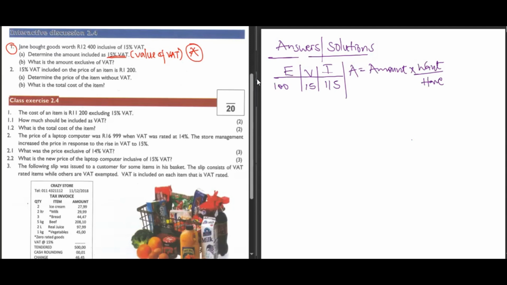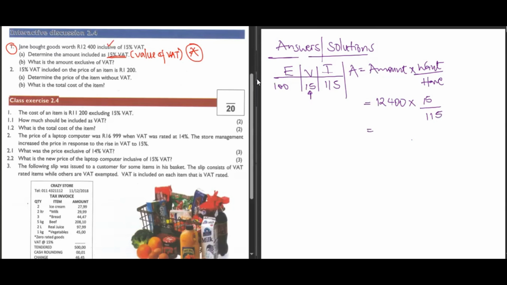So we want 15%. So the amount that we have is 12,400 times what we want, VAT. So we shall put 15 over what do we have? We have it as 115. Why am I using 115? Because they say the amount already includes VAT.